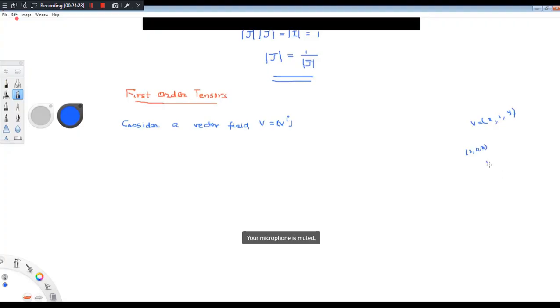At the origin, V will be (0, 1, 0). Suppose I look at the point (1, 1, 1). Then this vector will be (1, 1, 1). If I take another point, the value will change. So a vector which takes different values at different points constitutes a vector field.